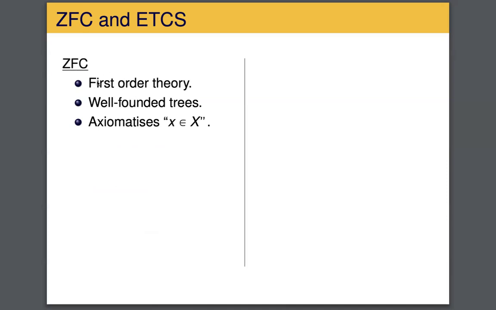ZFC is a first order theory in which sets are built out of well-founded trees. You start off with the empty set, and then you have some rules telling you how to make more sets, and so you get the whole list of sets. What this does is axiomatize the membership relation.